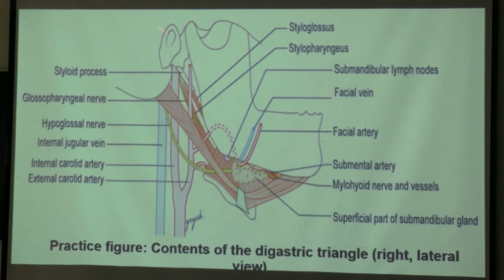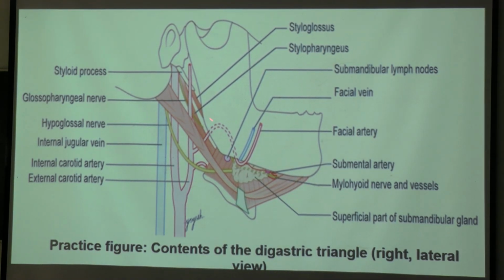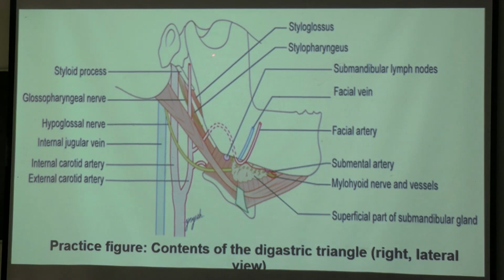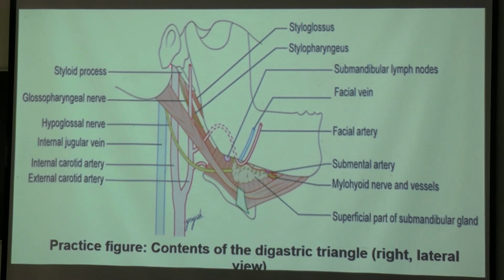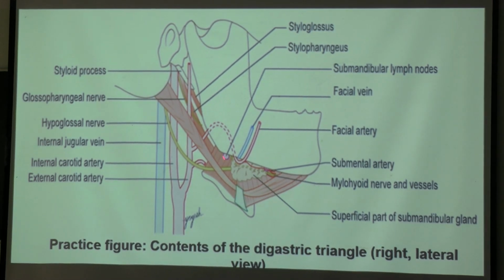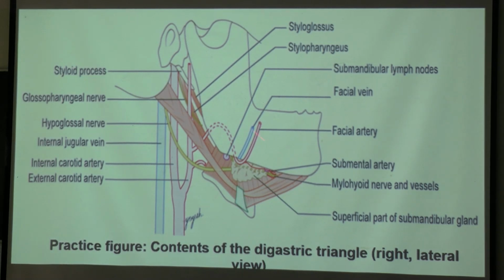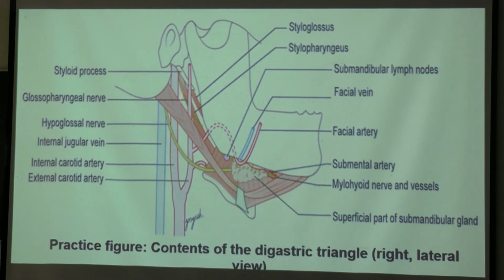And see, this is the anterior belly of digastric, posterior belly of digastric, and here you can see styloglossus, stylopharyngeus, glossopharyngeal nerve, and here a schematic presentation of submandibular lymph nodes.